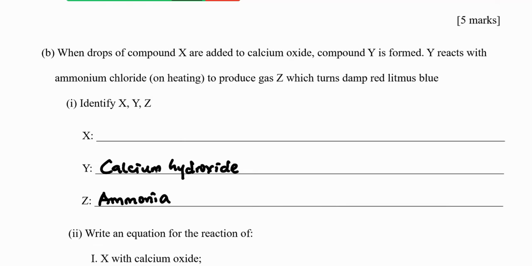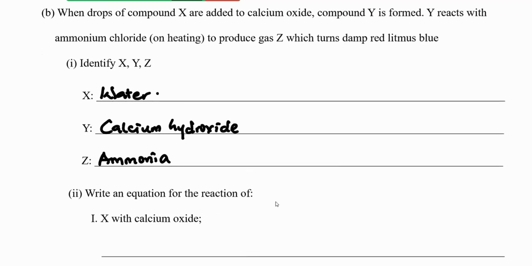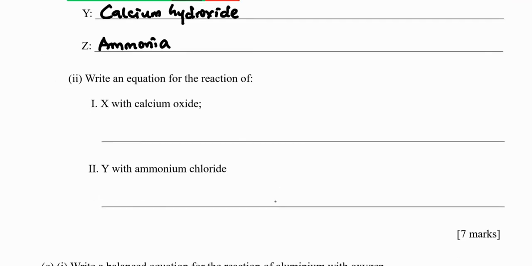Now, compound X is added to calcium oxide to form calcium hydroxide. Calcium hydroxide is basic, and calcium oxide is obviously already basic, so it is mixing with water. So write an equation for the reaction of X with calcium oxide.